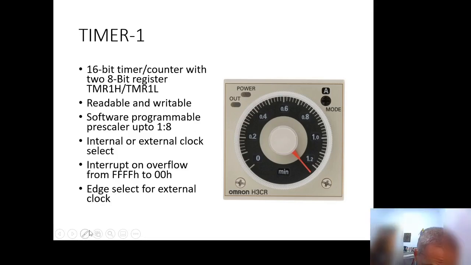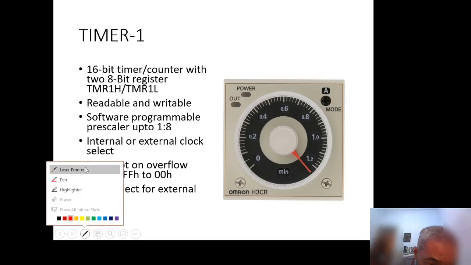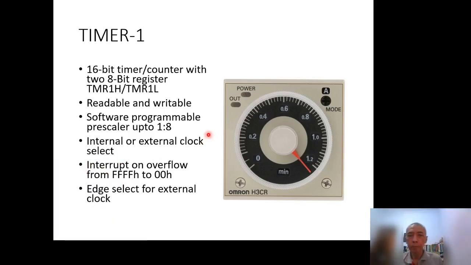So let's begin now with a simple explanation of the features of timer 1. As you know, timer 1 is 16-bit, not 8-bit, but 16-bit. So it has two registers to hold the value, which are TMR1H and TMR1L.